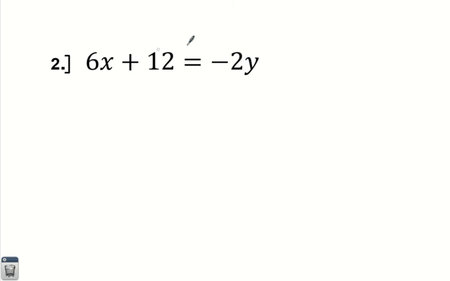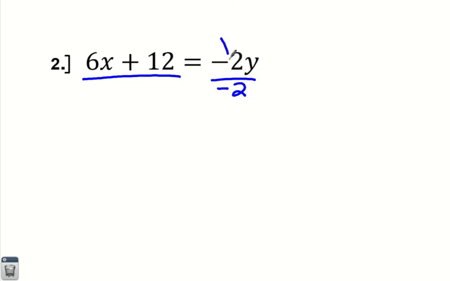But then we would subtract 6x to the other side, and we would subtract 12 to the right side, and then we would finish getting y alone, with y being on the left side. Well, what I'm going to do is just get y alone on the right, and then maybe just switch the equation around the way we've probably done already in class.